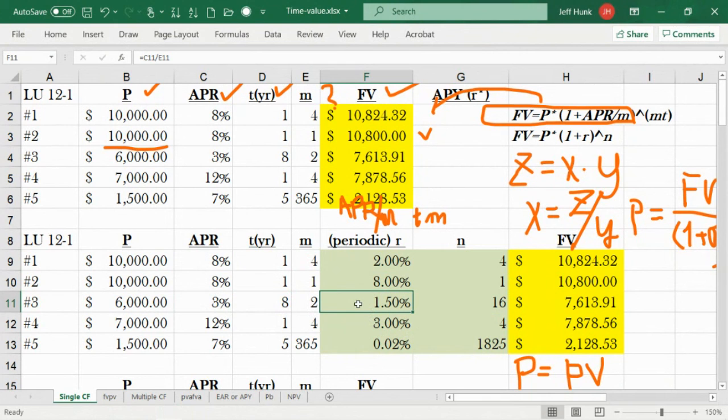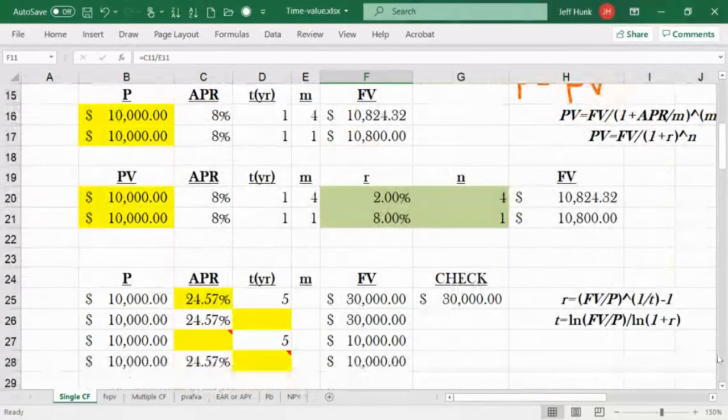So we found the periodic rate by dividing APR by N. If we got the periodic rate, getting back to APR is simply this times M. Why is it so difficult? It's not very complex logic.